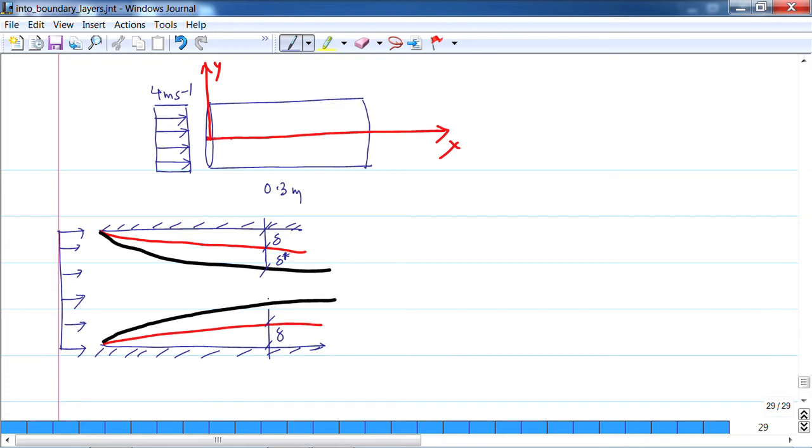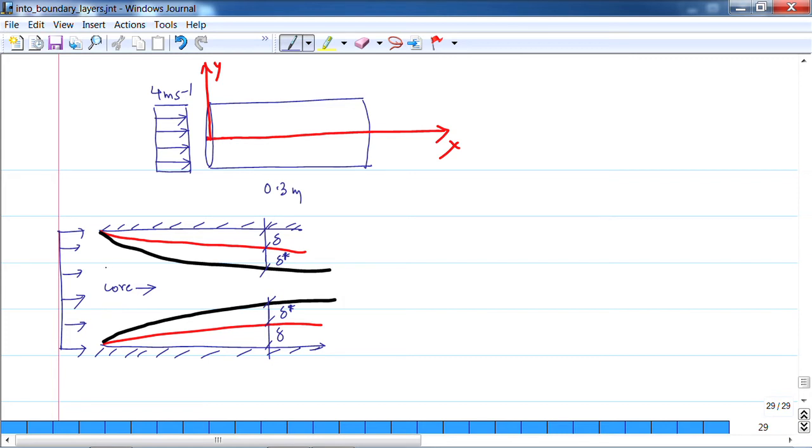This is the distance by which the streamline is going to be displaced away from the boundary layer. Now, this is a flow picture where this is supposed to be the core area. This is actually called the core, right. Now, flow is moving like this.